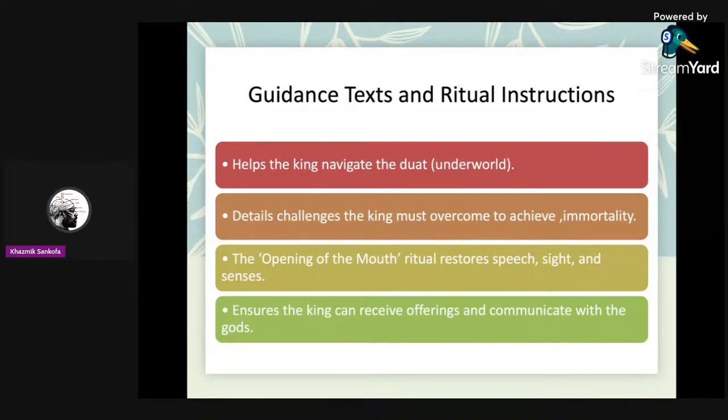The opening of the mouth ceremony. The interesting thing about it, and I think this theory is really key as well, is that it mimics the birthing ceremony in humans.